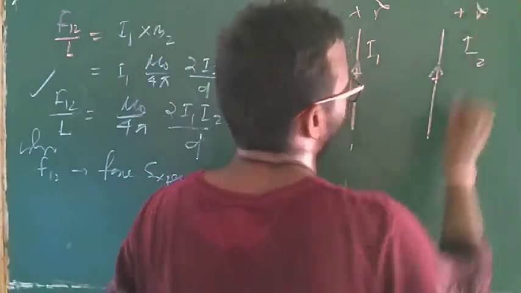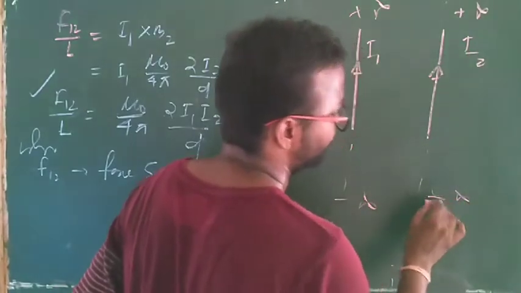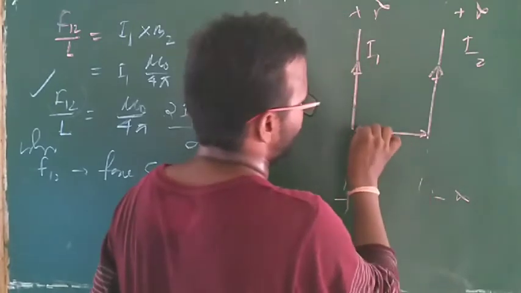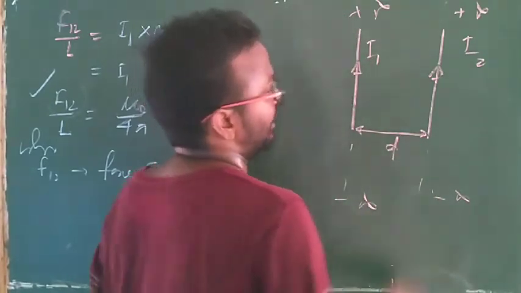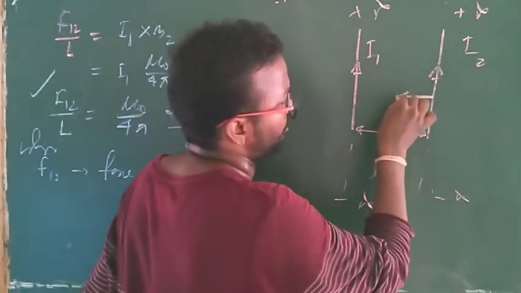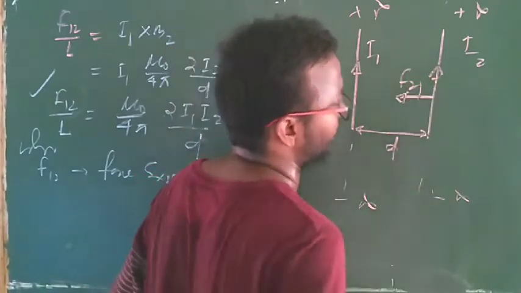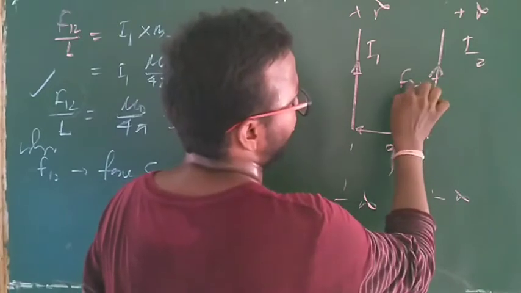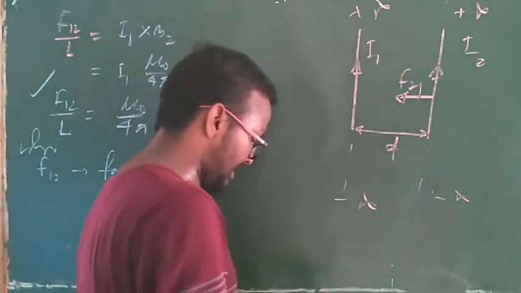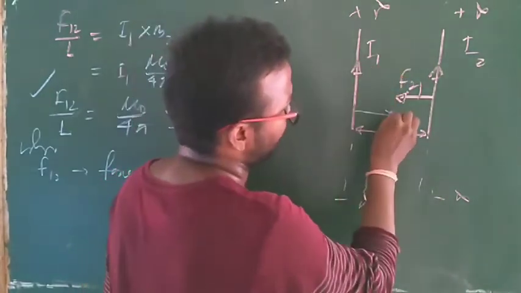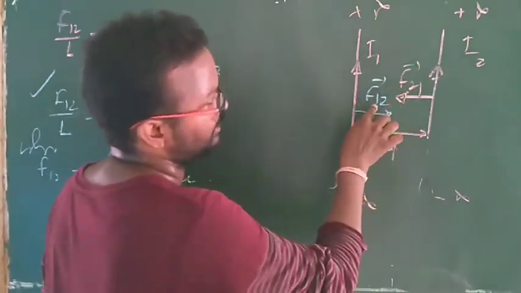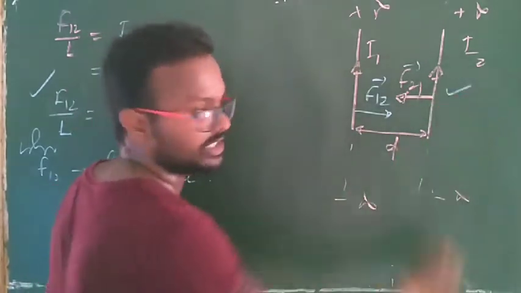This is also from minus infinity to plus infinity, and the separation between the two parallel conductors is D. This conductor experiences a force in this direction, that is F21. Clear? That means the force experienced by the second conductor due to the first one. Similarly, this is the direction of magnetic force F12, the force experienced by the first conductor due to this one.